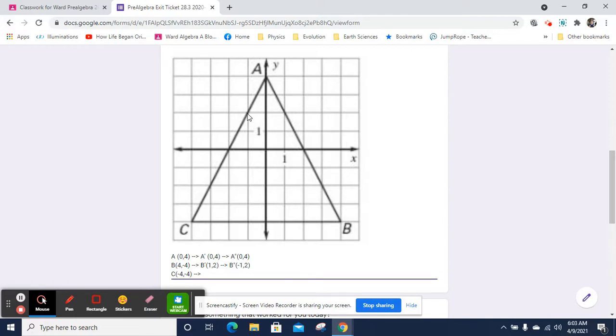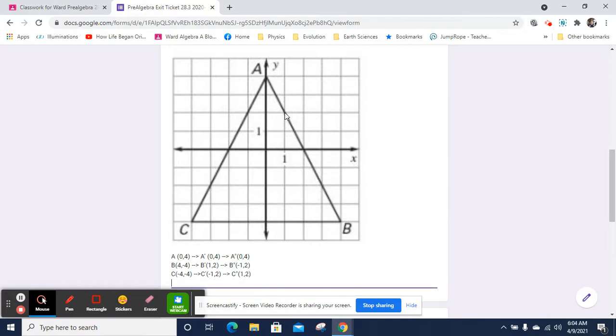It's going to be at (-1, 2). So C prime will be at (-1, 2). And then the last bit, C double prime is just going to switch places with B double prime. B double prime ends up there, C double prime ends up there. So we're going to end up at (1, 2).